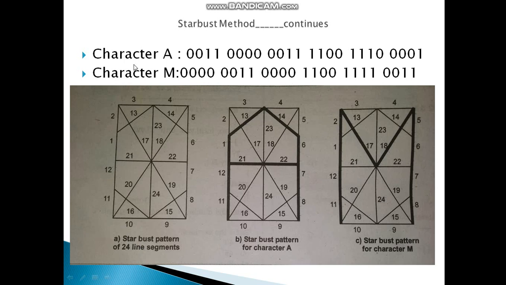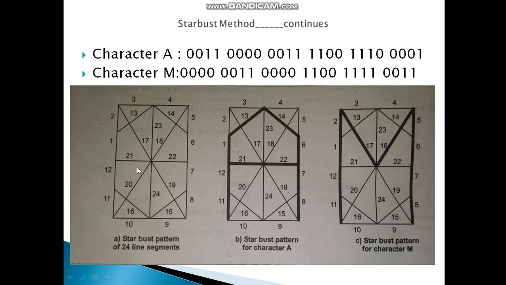This is a pattern of 24 line segments, and as per the character you have to put that line as on or off, meaning you display the line or not.